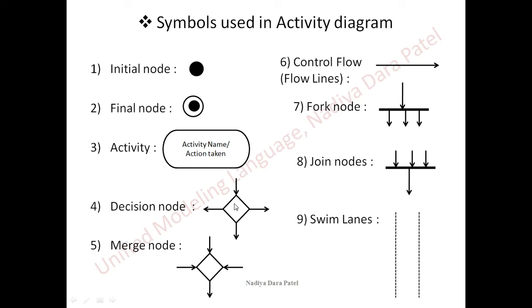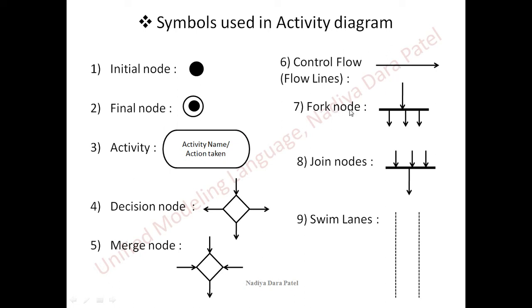As in our flowcharts, if x is greater than y, yes we follow a branch, no we follow another branch. So this is what this node is going to do. The next is the merge node, which is very similar to the decision node. After the decisions are taken, we are going to merge them all together. Next is the control flow, which is the flow line, just a simple arrow.